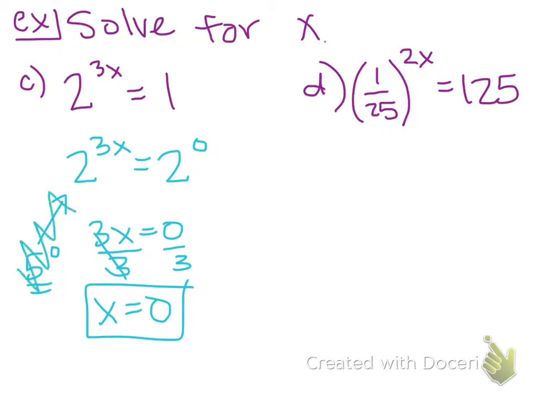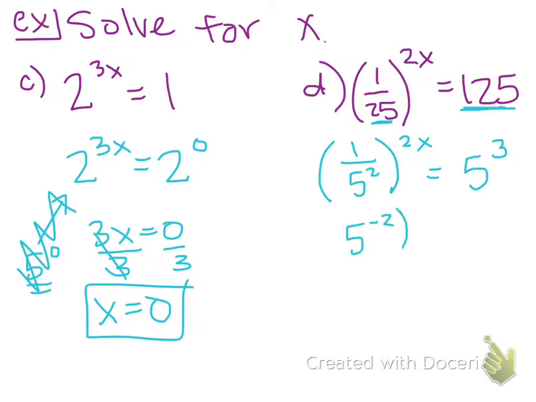In letter D, we're going to rewrite both sides. So the 25 needs to go and the 125 needs to go. So 25 is 5 squared. 125 is 5 to the 3rd power. On the left-hand side, to move that up from the bottom, I'll make it 5 to the negative 2nd power.